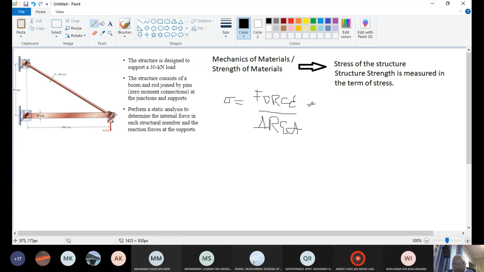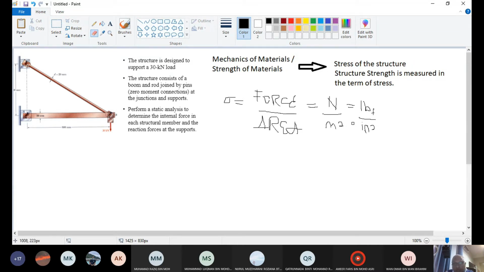First, force is in Newton, or for the imperial unit it is pound. Force divided by area in meter square, or here divided by area in inch square.